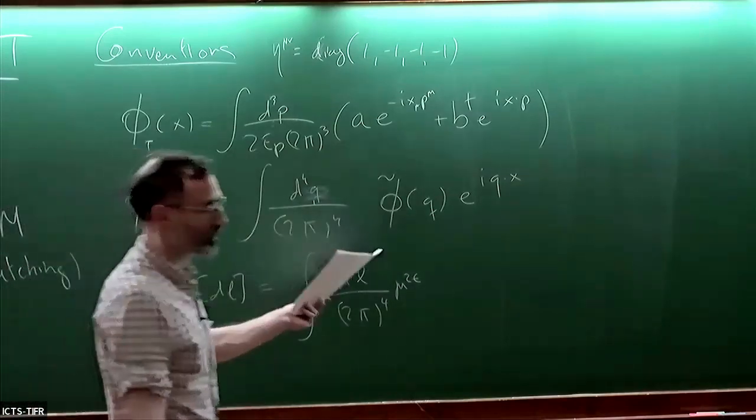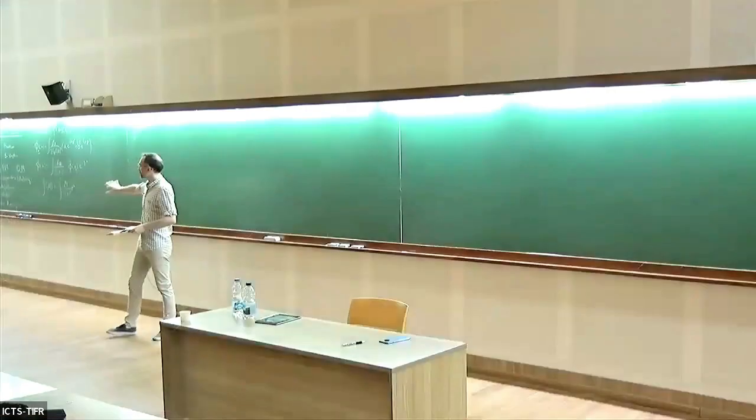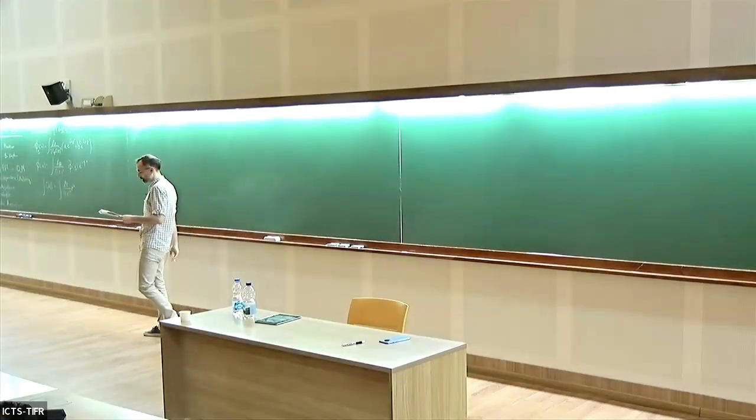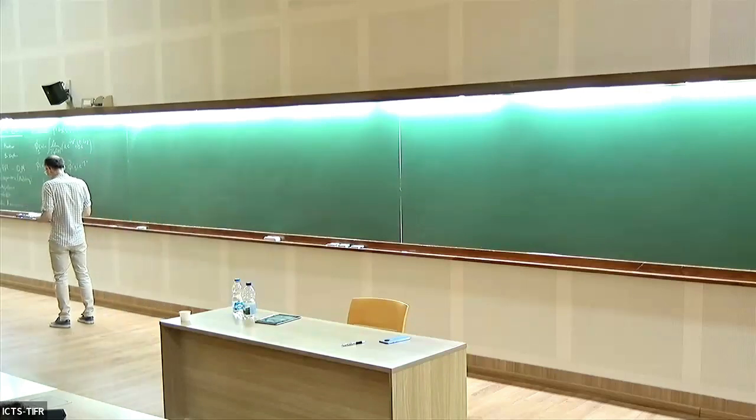It'd be also good to be familiar with the formula for dimensional regularization. I'm not going to write it here. We don't quite need it yet, but it's in Anish's notes, for example, or in Peskin and other textbooks, you'll find it.